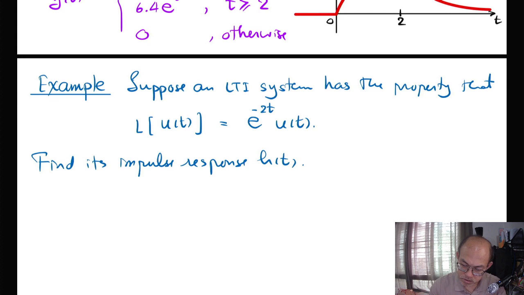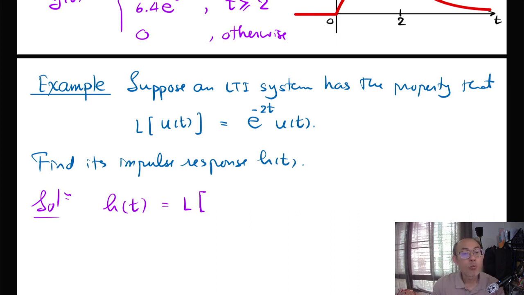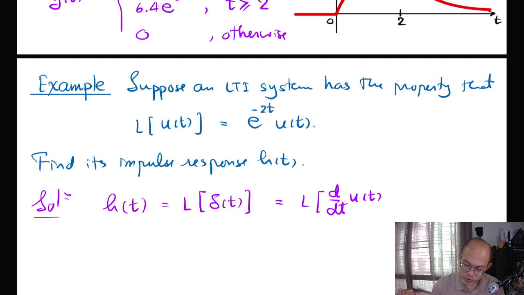Now, solution. We want to find the impulse response. The impulse response is the output when the input is delta. And we know that delta is the derivative of the unit step with respect to time, so delta is du by dt.